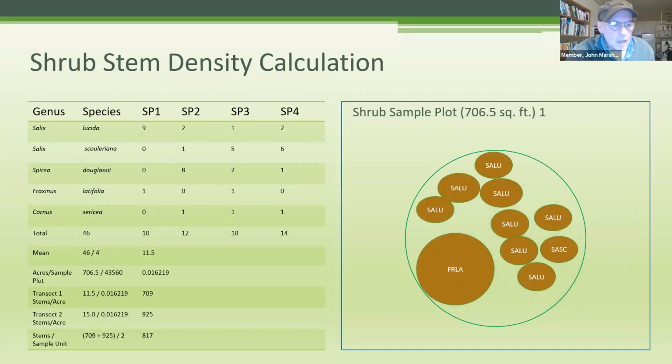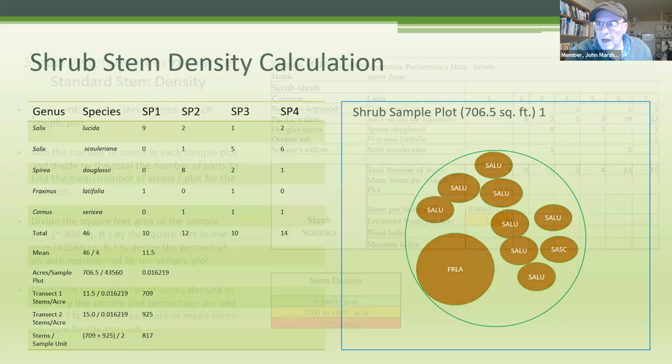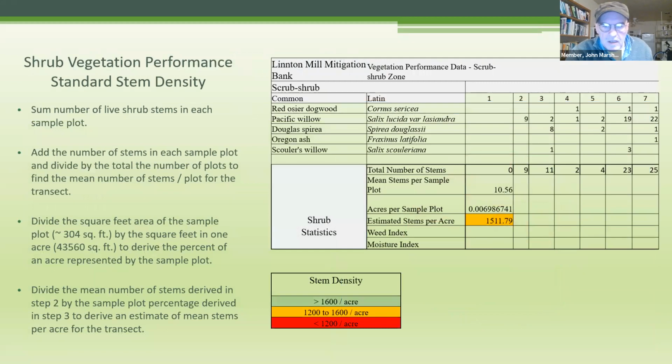Great, thanks, Michael. And so I'm not going to go through the same calculation for the different layers, but I just wanted to say here that you have an example where they are meeting the performance standard, and it is an all shrub zone, and they're just using shrubs in their analysis.